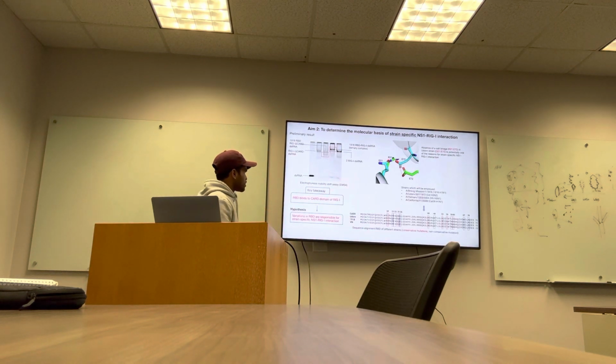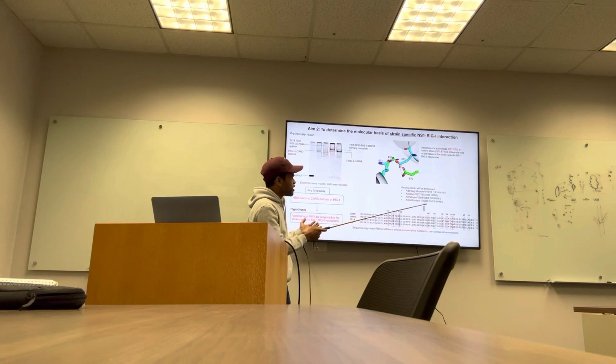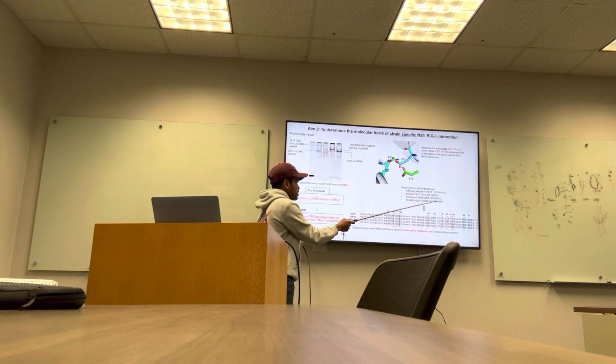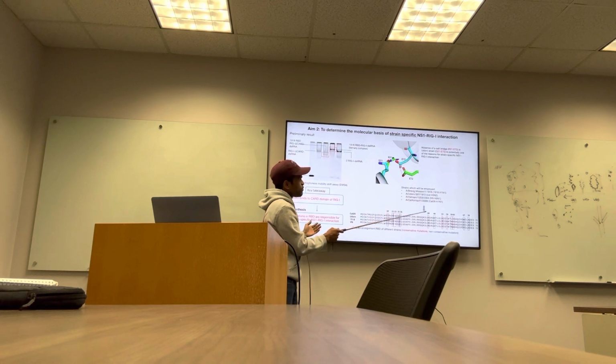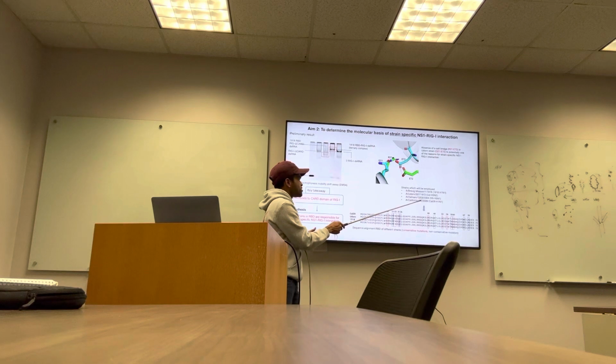So in this Aim 2, we want to focus on the interaction between the RBD of NS1 and the CARD domain of RIG-I, and we'll use many different strains. For example, the 1918 pandemic strain, 1918 H1N1, the Udorn H3N2, and Vietnam H5N1, which is an avian influenza strain, as well as the recent California 2009 pandemic strain.